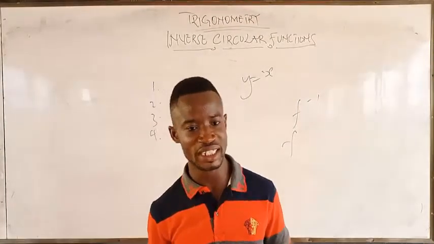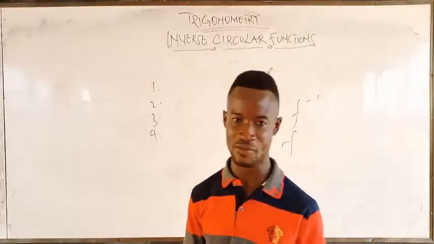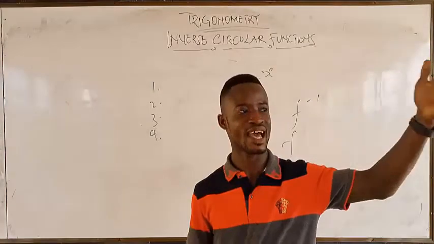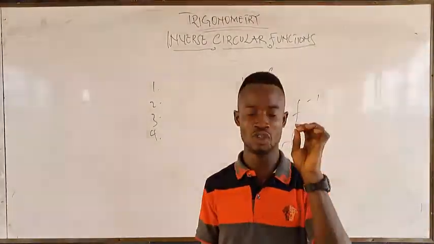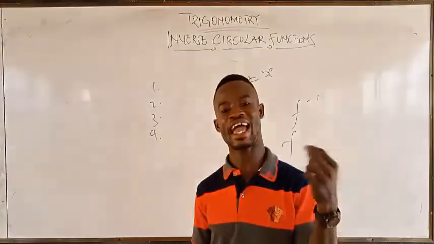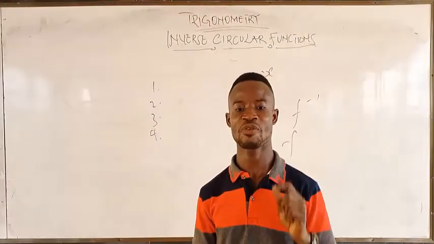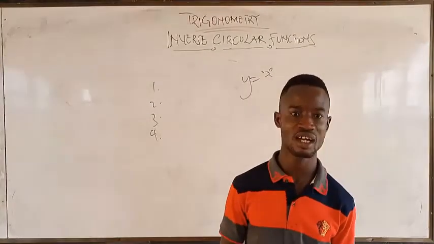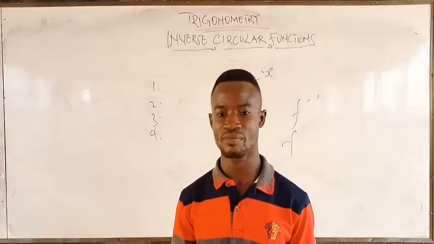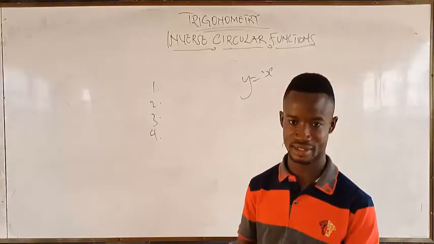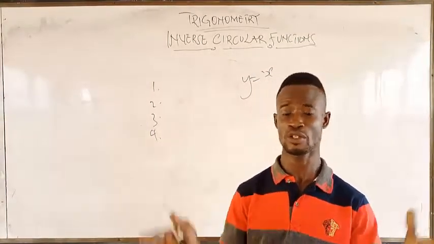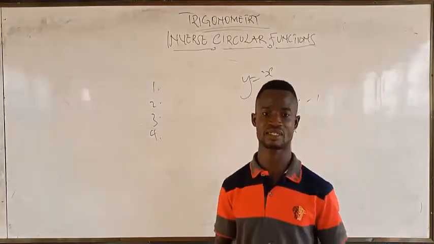This is very important. So point 4 is saying that the graphs of f and f inverse are reflections of each other about the line y is equal to x. Very good. And I will demonstrate to you what this means.